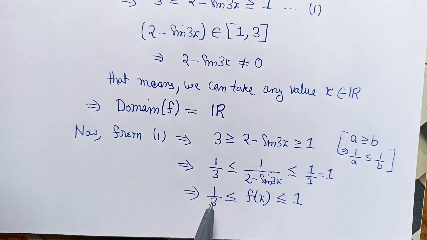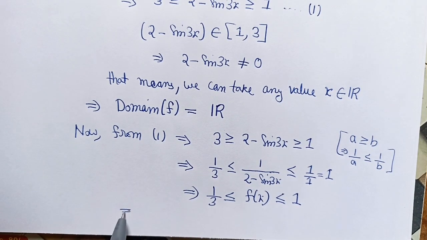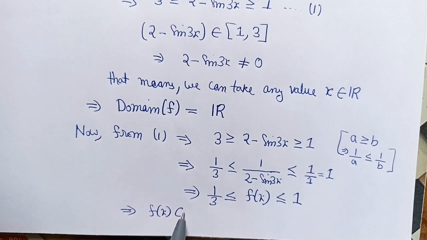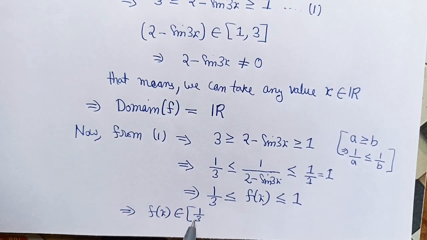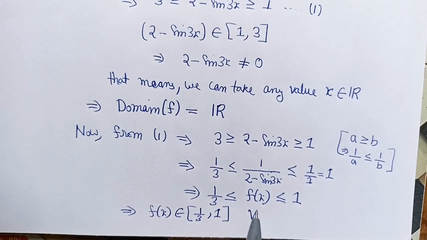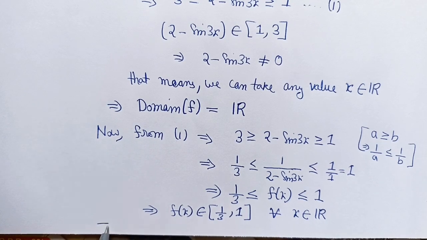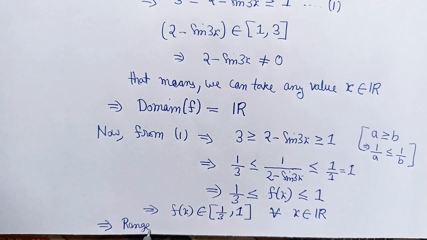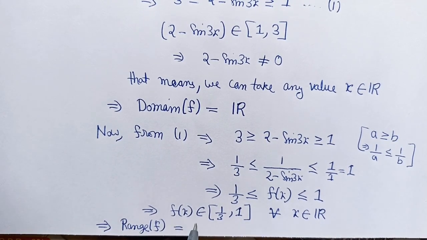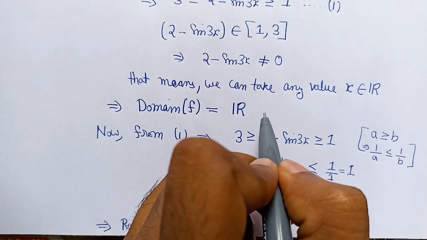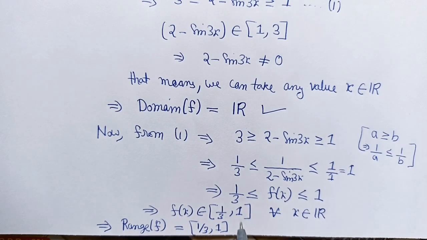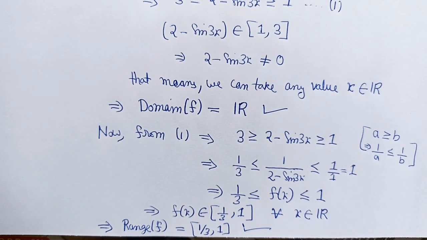That means f of x belongs to the closed interval 1 by 3 to 1 for all x belongs to real numbers R. This implies the range of function f is the closed interval 1 by 3 to 1. So the domain is the complete set R and the range is the closed interval 1 by 3 to 1. This is the answer of this function question.